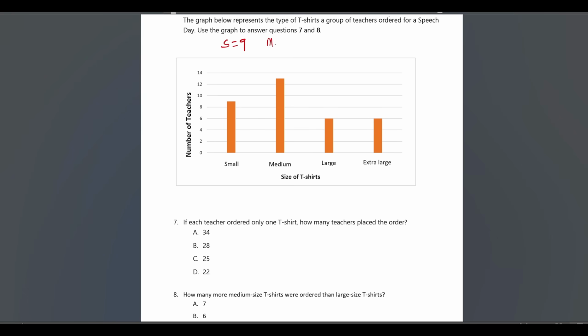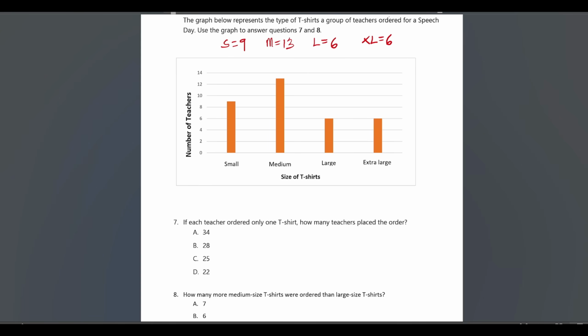Medium, how many teachers? In between 12 and 14. So that is 13 teachers. Large, exactly on 6. So we have 6 teachers. And then for extra large, also 6 teachers.